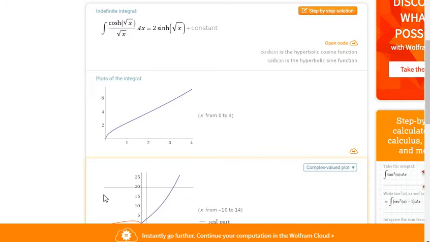So I'm just going to copy this down here real quick, and then we'll work together to input this into our calculator. Now with this one, unlike our one in section 5.8, it doesn't matter if you have it in radians or degrees. Cosh is not going to be affected by that.